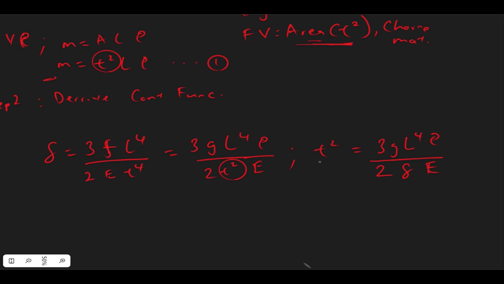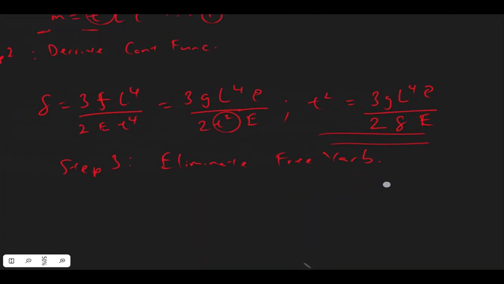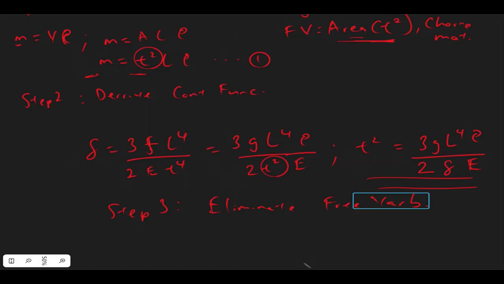So, since you've made t squared the subject of the formula, now you have to eliminate t squared from the objective function. So step 3, eliminate the free variable. That's what we're trying to do. We are going to input this particular equation into this one.